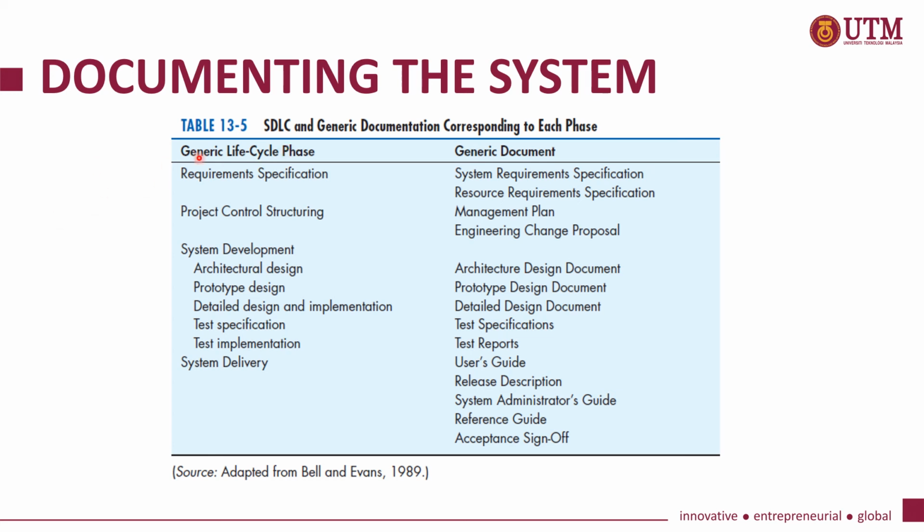As you can see, this table lists the system development life cycle and the corresponding generic documentation for each stage. For example, in the requirement specification stage, it's expected to generate system requirement specification and resource requirement specification.